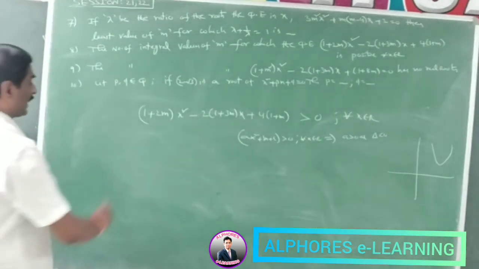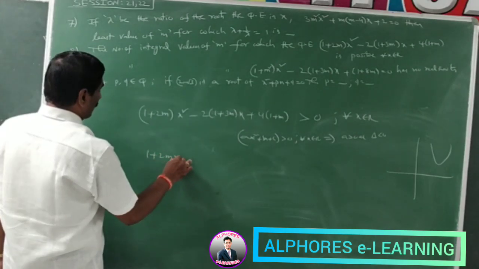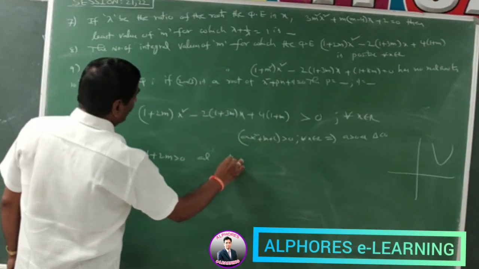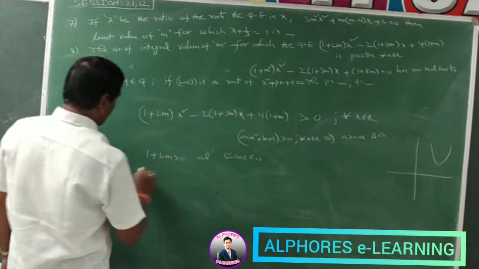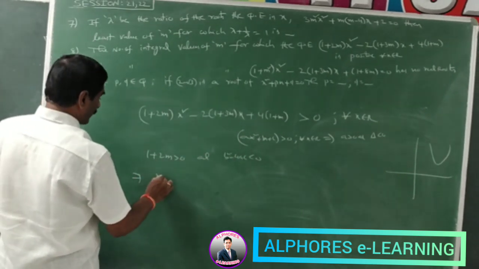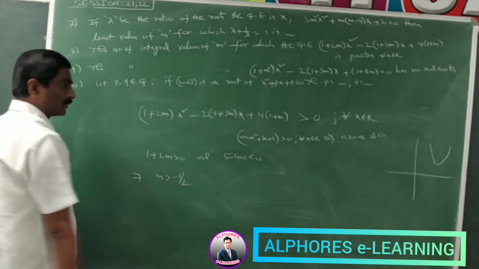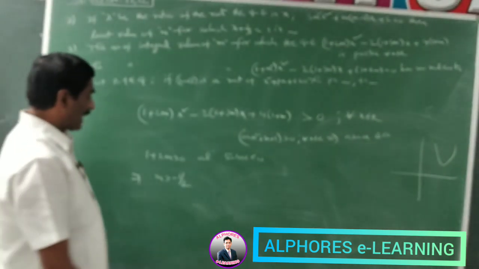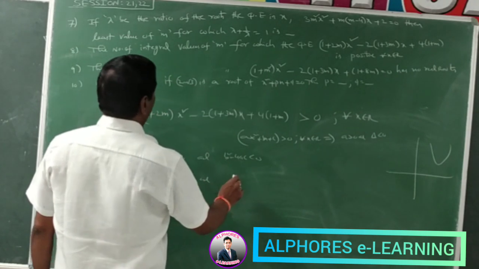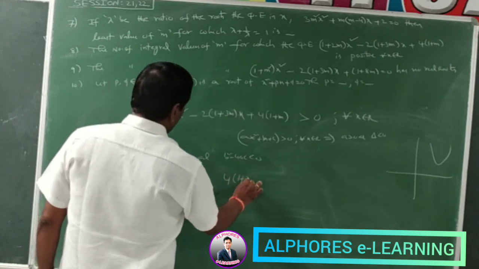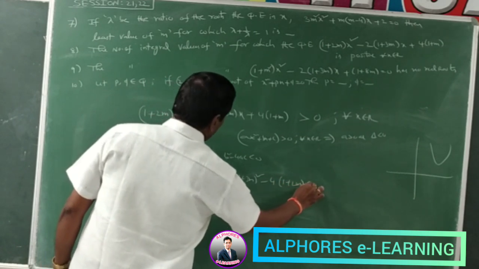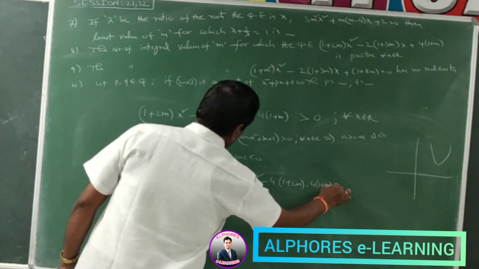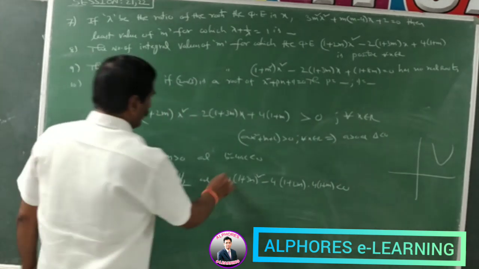So it is possible when 1 plus 2m greater than 0 and delta less than 0, that means b square minus 4ac less than 0. That means 2m greater than minus 1, m greater than minus 1 by 2. Next, b square minus 4ac less than 0 means 4(1 plus 3m) whole square minus 4 of (1 plus 2m) into 4 into (1 plus m) less than 0. 4 is the common term.